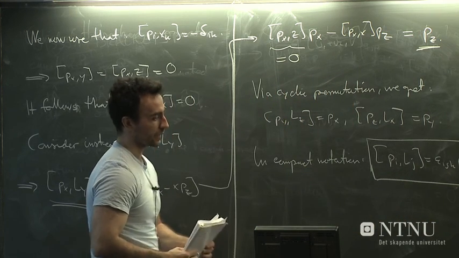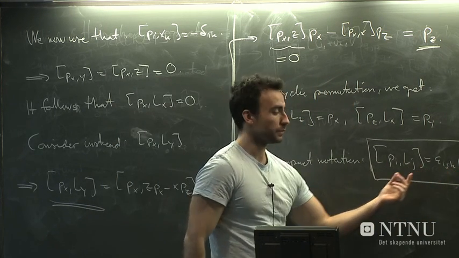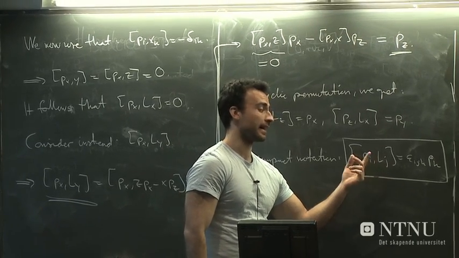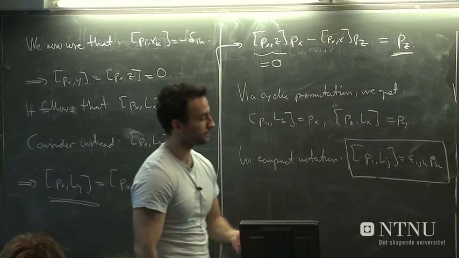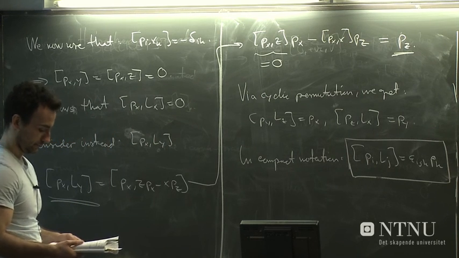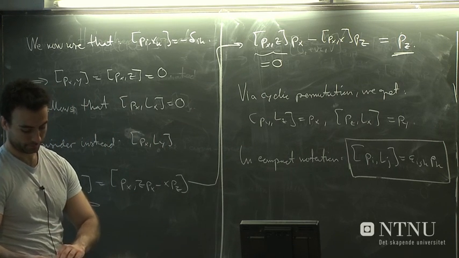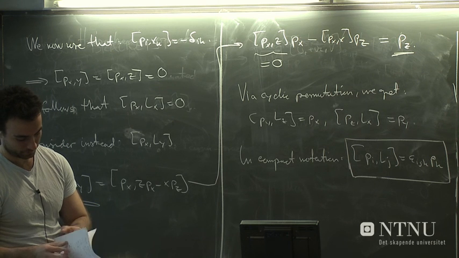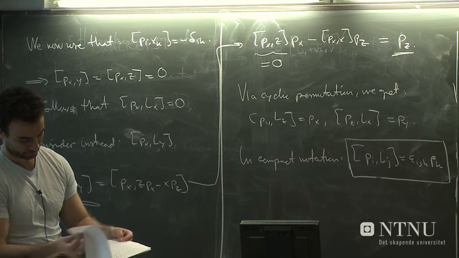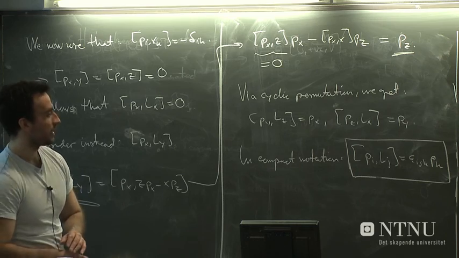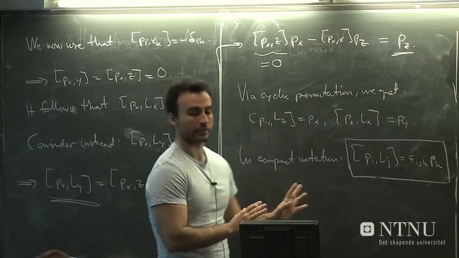So this is the expression for the Poisson bracket between any two components of momentum and angular momentum. So we'll continue with this tomorrow.